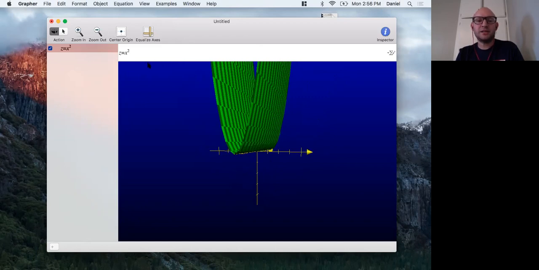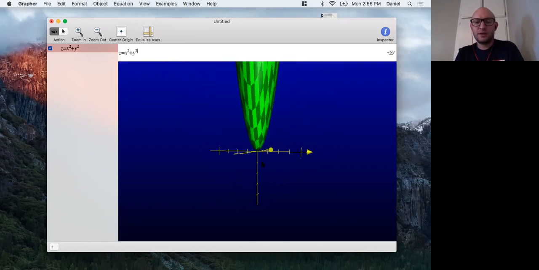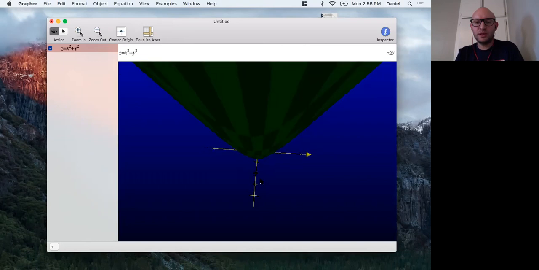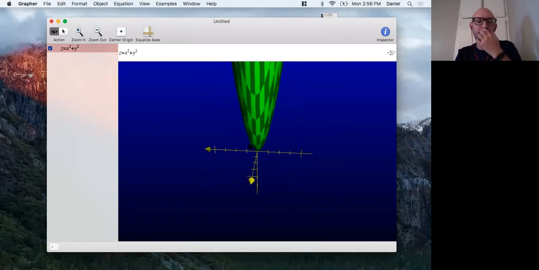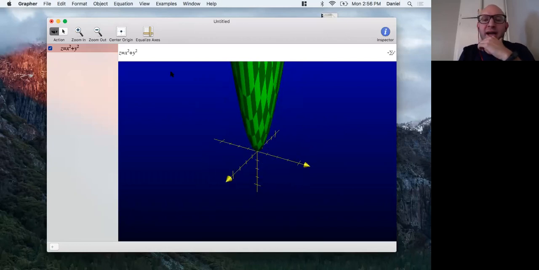But let's take a look at this. Anyone want to guess what this would look like if I do plus z equals, if I do this shape? Oh, this one's a little trippy. This is called a paraboloid, where it's like a parabola, but it's a 3D parabola. In fact, it's a lot like a satellite dish.